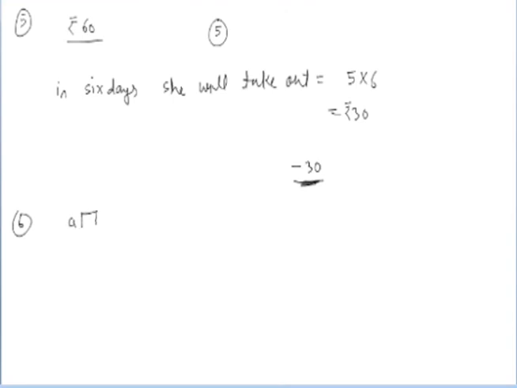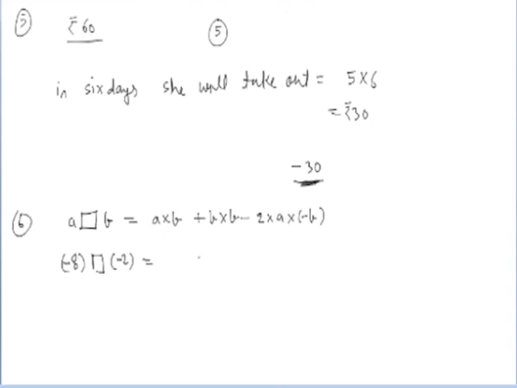A star B is equal to A into B plus B into B minus 2 into A into minus B. Okay, this condition is given. And it is asking what will be minus 8 star minus 2. So in the same way, here A is minus 8 and B is minus 2.